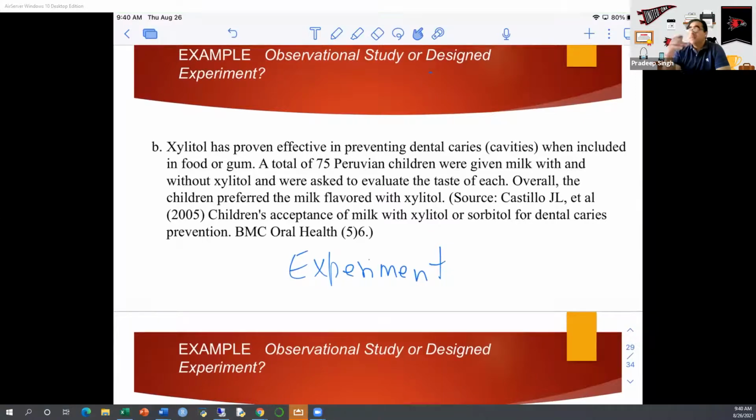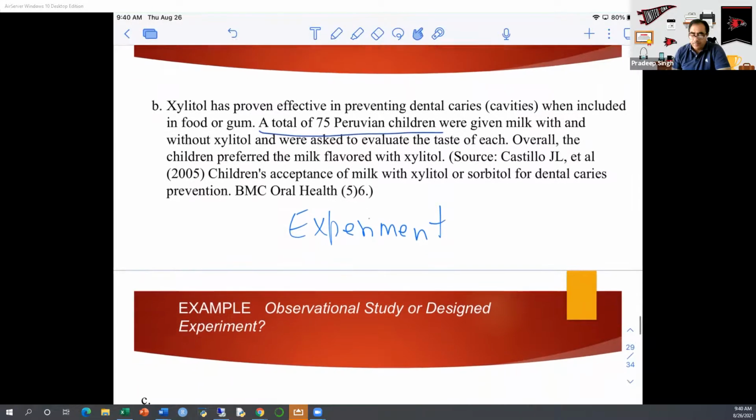This one is an experiment, right? Because you have a total of 75 given milk with and without xylitol. So you are giving a treatment, in this case milk with xylitol and without xylitol, and then you are looking at the taste or which flavor was preferred.